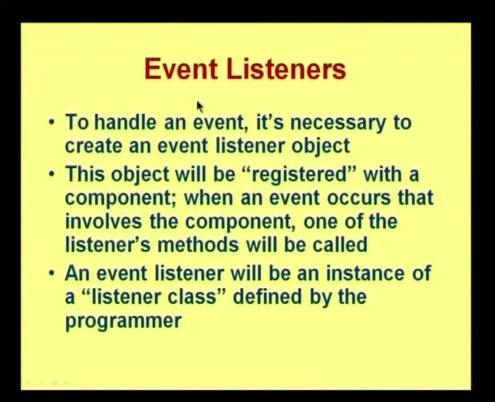Before entering into event listeners, we'll have a recap of what we have seen about the event delegation model. In the event delegation model, the various components available in the Java AWT package are event sources, and these event sources raise event objects, which are listened to by listeners. Listeners are interfaces, and these interfaces have a set of methods.